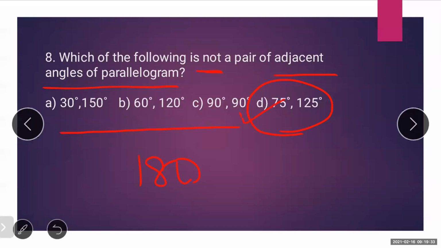But option D is not forming a supplementary angle. So the correct option will be D. In this question there is no working part; you only have to do it mentally and get the correct answer.